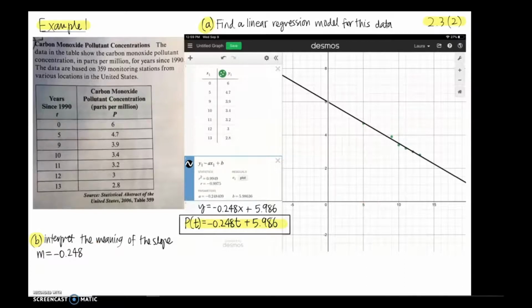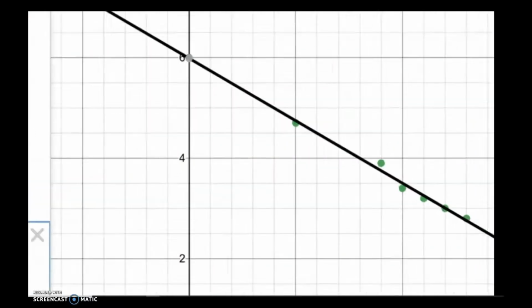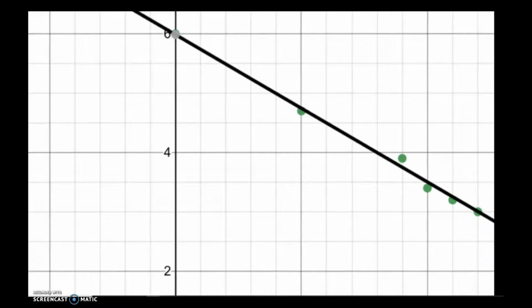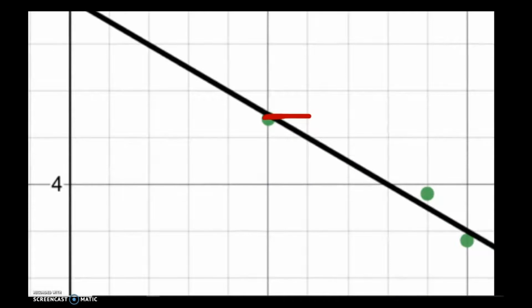So let's zoom in here. For every 1 that I go over on the x-axis, to get to another point on the line, you would go up or down depending on if your slope is positive or negative, that much.